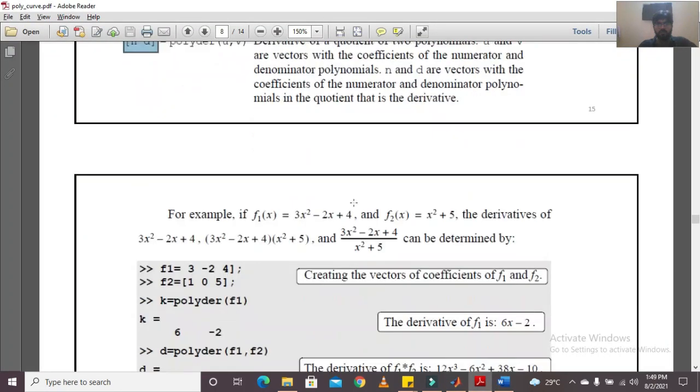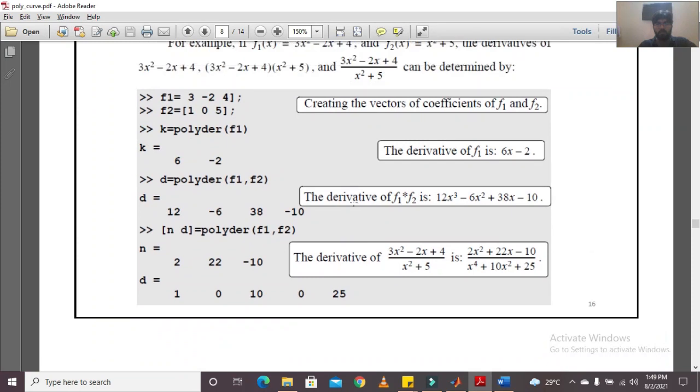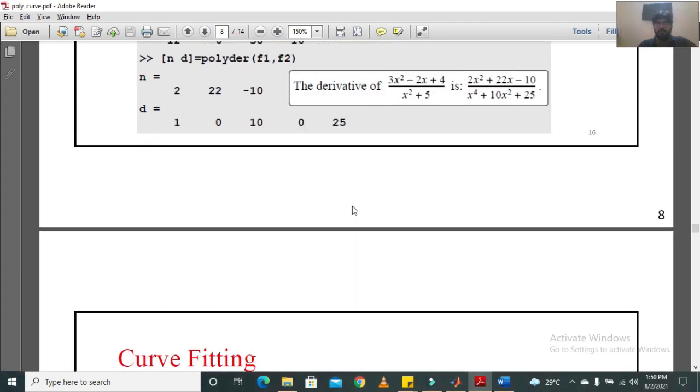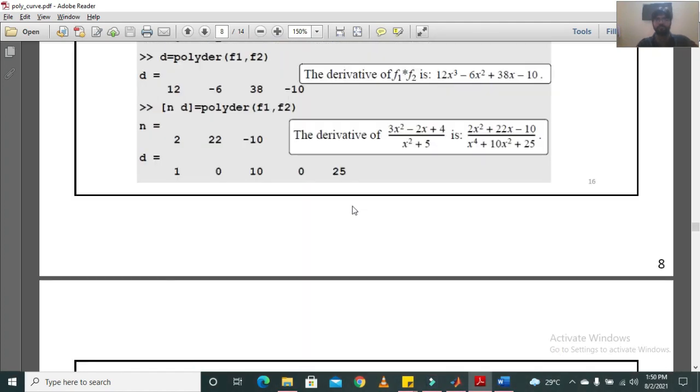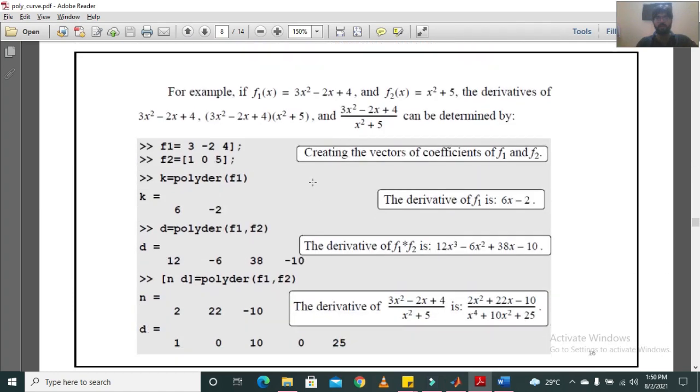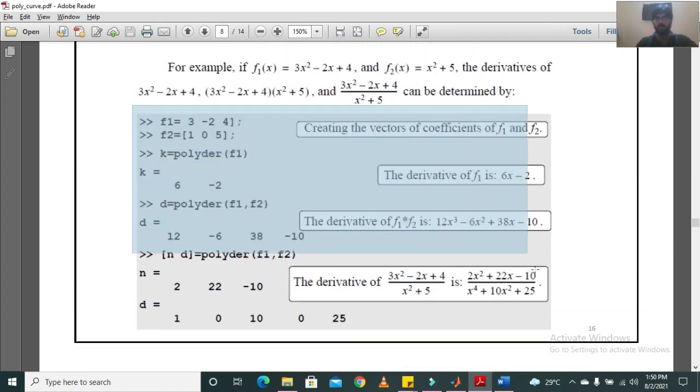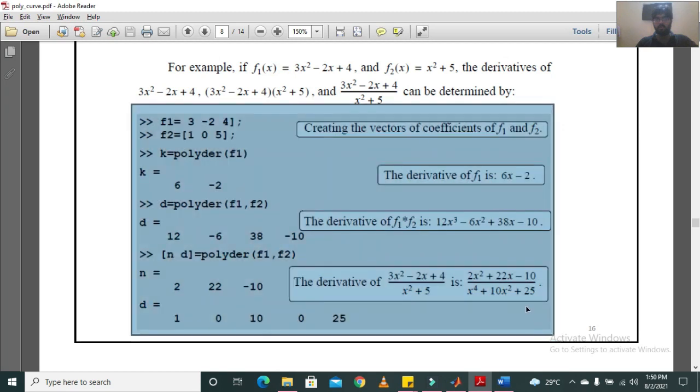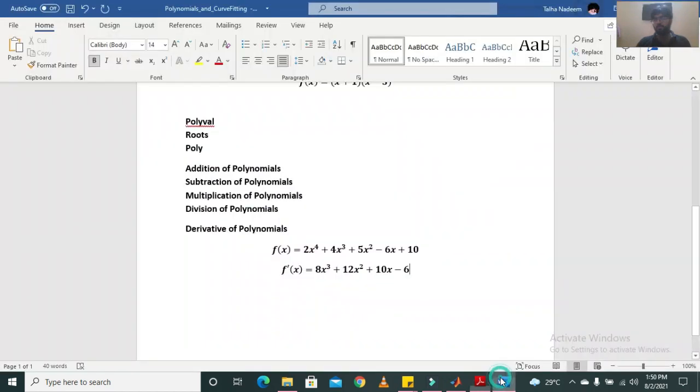So we have studied how we can use the polyder command, and examples have been attached in the lecture, which you can solve and practice at home. So we have studied the polyder function for three cases.